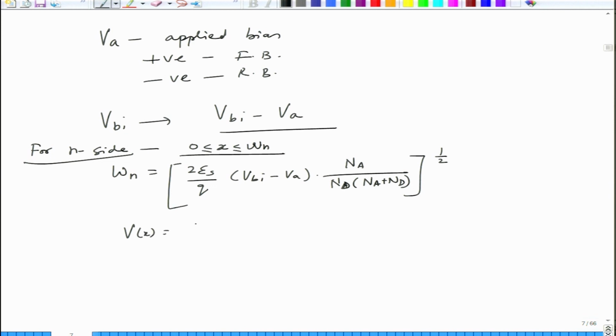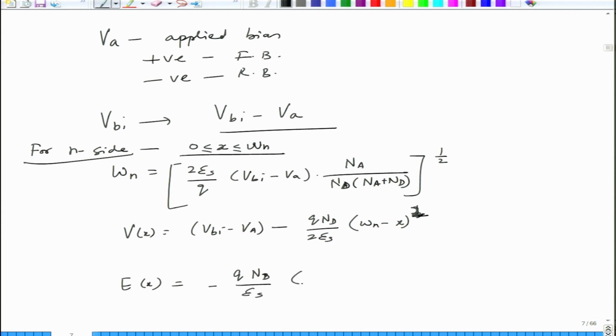Vx will be (VBI minus VA) minus (q Nd divided by 2 epsilon s) into (Wn minus x) to the power 2, and Ex will be q Nd divided by epsilon s into (Wn minus x). Electric field remains the same, it's only the bias which has changed.